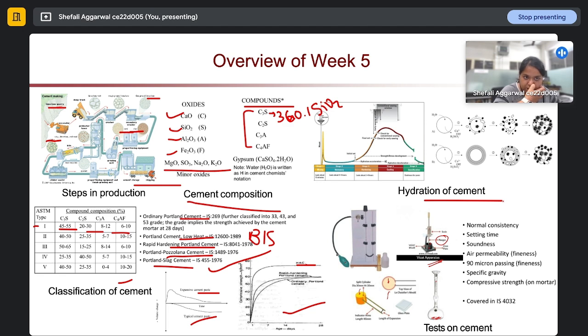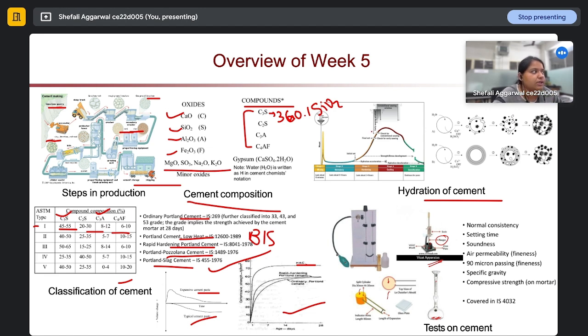Initially, C3S and C3A are the most reactive components in our cement. Whenever we add water to cement, these will react with the water and form the hydration products. The main hydration products we have are CSH, calcium silicate hydrate, then we have CH, calcium hydroxide, Ca(OH)2.